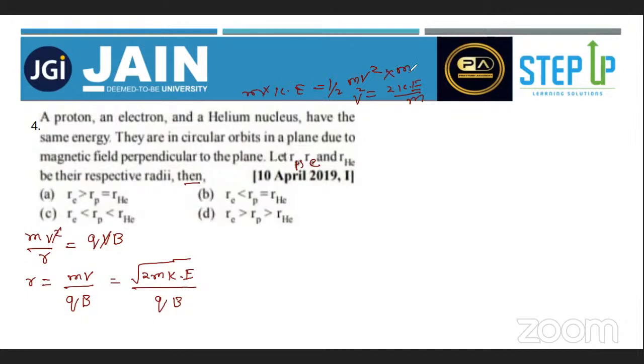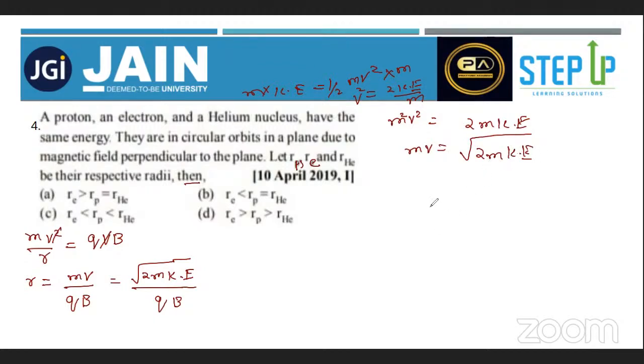I get m²v² is equal to 2mK, so if I take the root, mv, that is momentum, will be equal to root 2mK. This is the formula you have written in the form of p², momentum squared. So I substituted that.